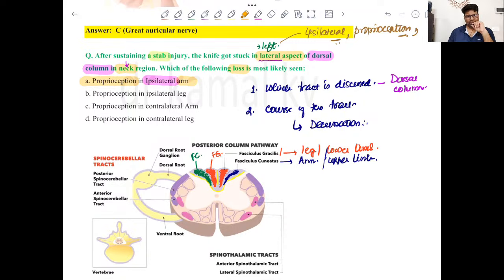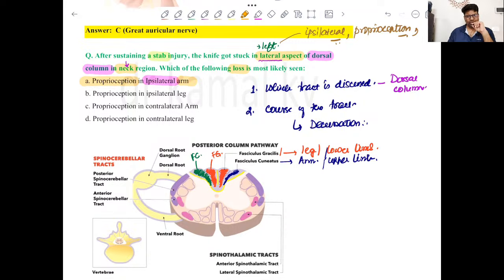Clear? So whenever there is a fracture of the neck of fibula, there is a possibility that this common peroneal nerve might get injured, and when the common peroneal nerve is injured, obviously the deep peroneal nerve and the superficial peroneal nerve, which are the branches of that common peroneal nerve, will also be damaged, and therefore there will be loss of dorsiflexion.